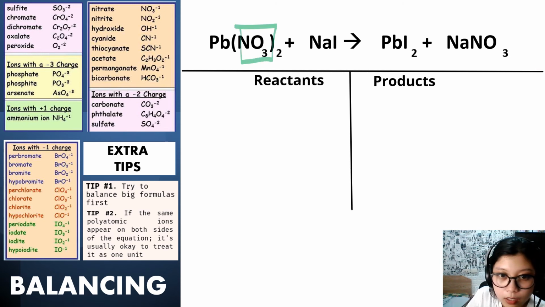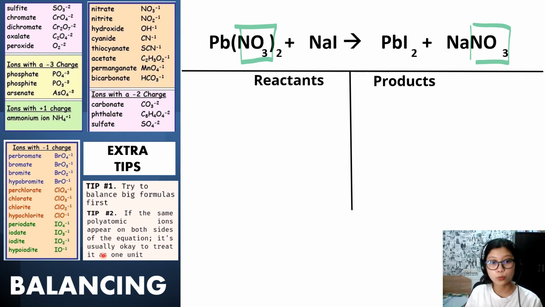Since we have polyatomic ions present on both sides of the equation, tip number 2 is helpful and will be applied in this chemical equation.